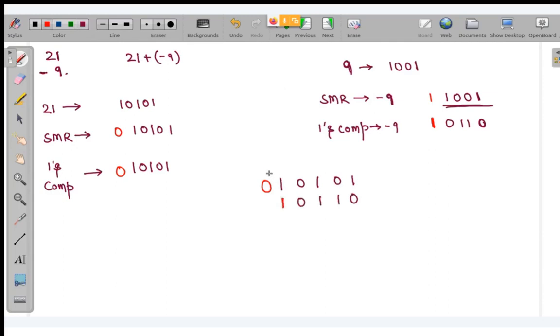What you can see, there is a bit mismatch. So what can we do? Can anyone tell me what we can do? Add an extra 0. Anyone else have any other answer?